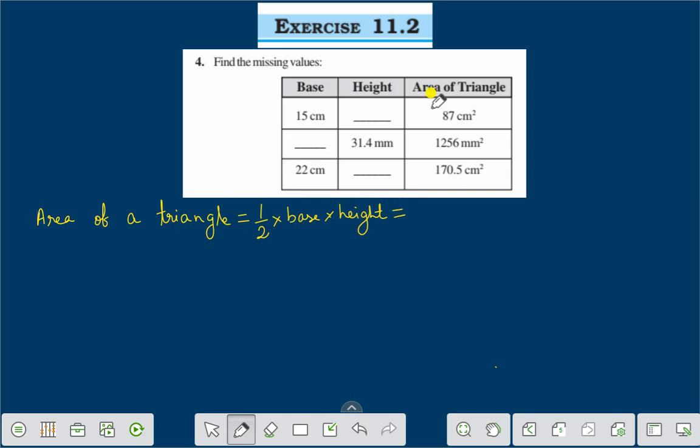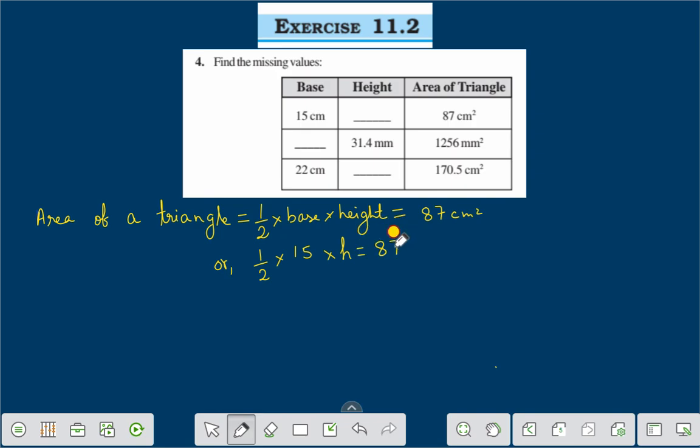And the area of this triangle is given as 87 centimeter square. Here the base is given as 15 centimeter. Therefore 1 by 2 into base 15, if we represent height as h, is equal to 87 centimeter square.